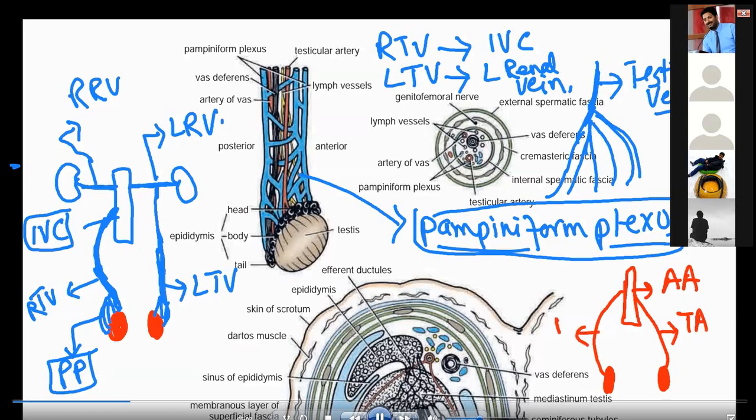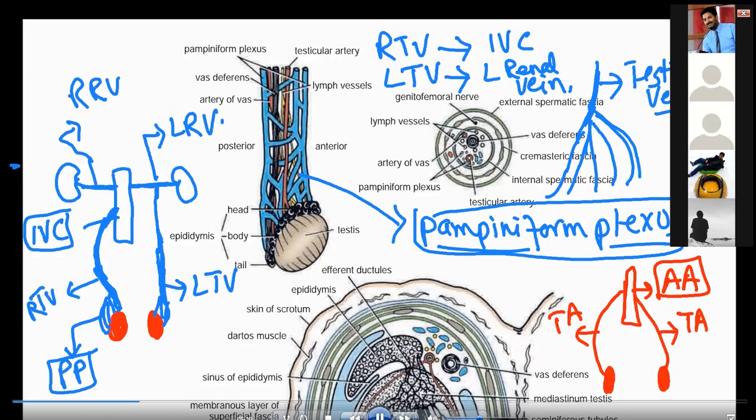But if you take the venous drainage of the testes, it is done by the pampiniform plexus. It is a network of veins which are formed in the scrotum, and they are going to drain the blood from the testes and from the epididymis.